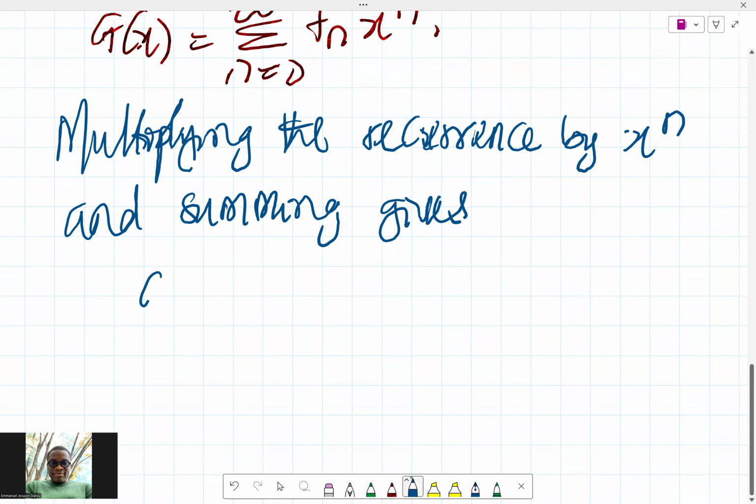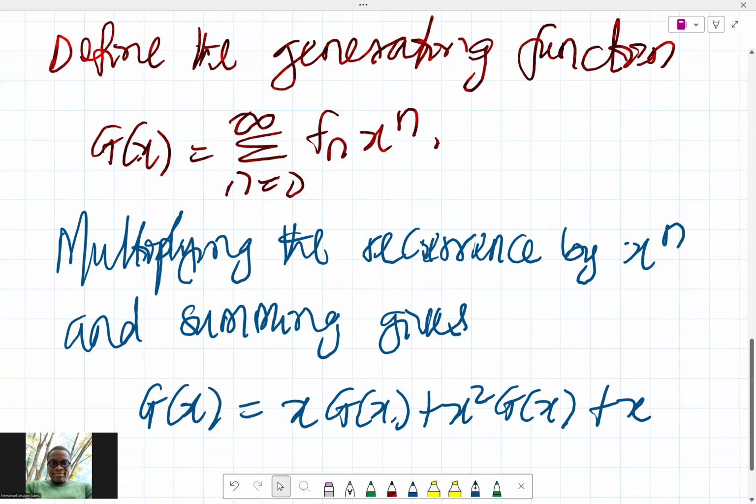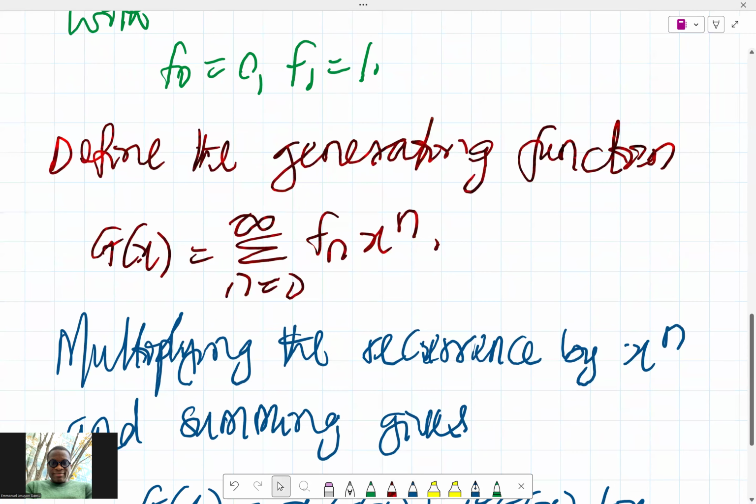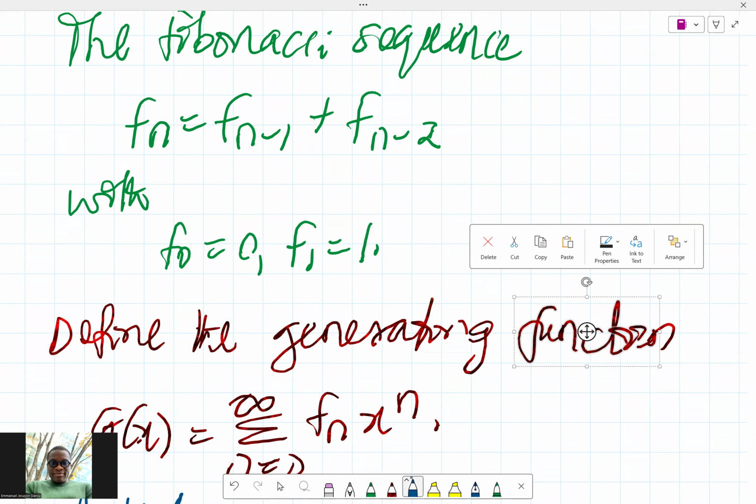That will give us g of x equals x g of x plus x squared g of x plus x.